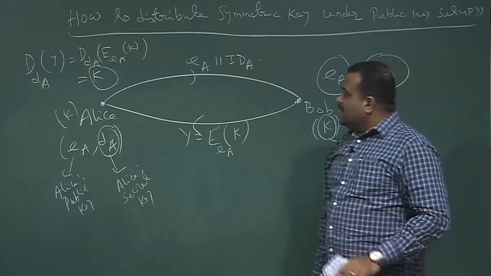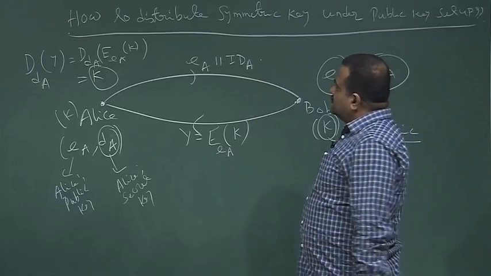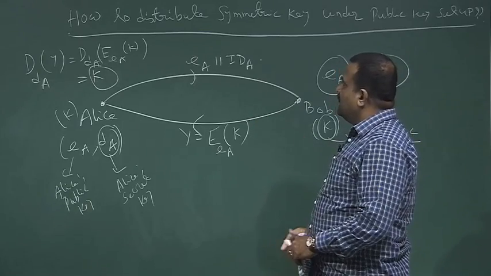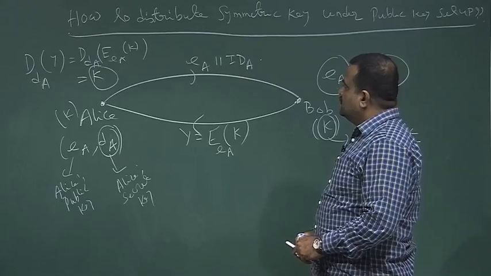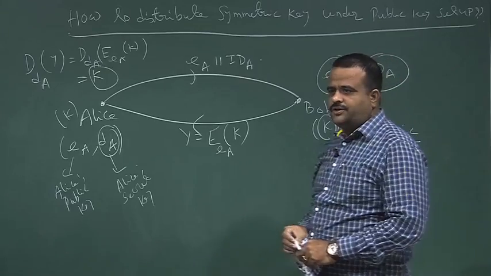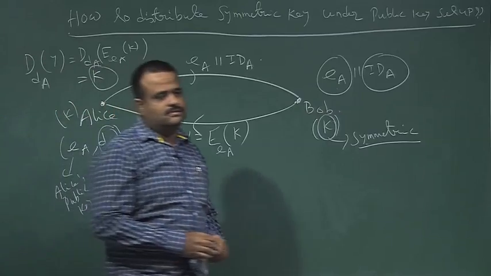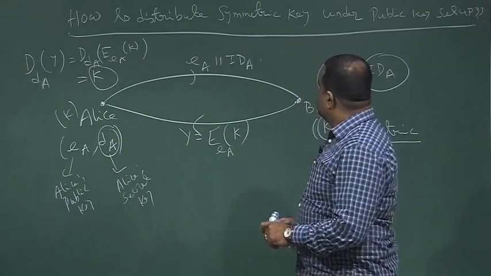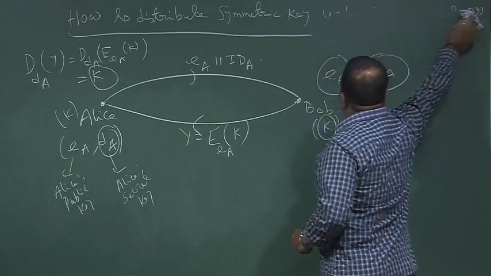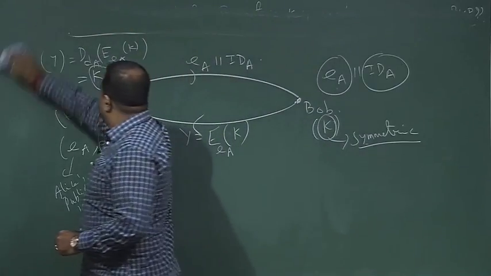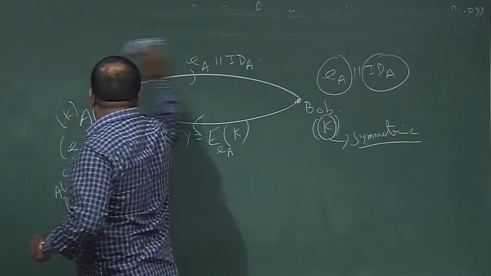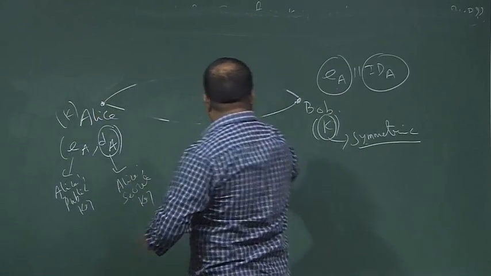Now this scheme is also not secure under the active adversary, under active attack. So how to see it is not secure? This scheme is not secure under the active adversary.